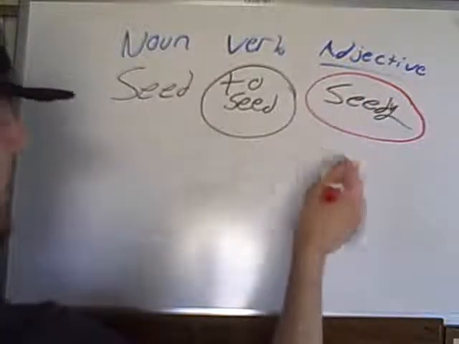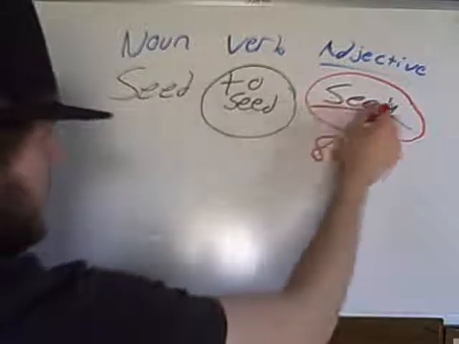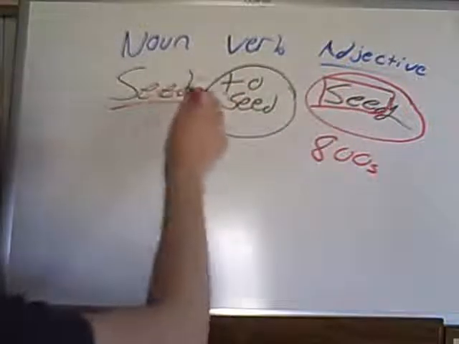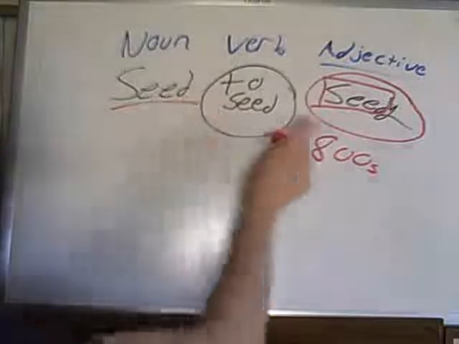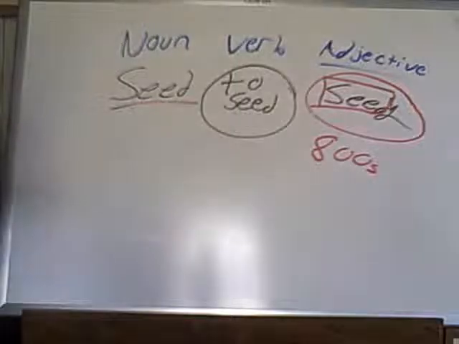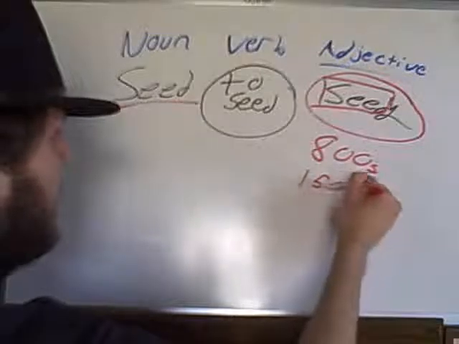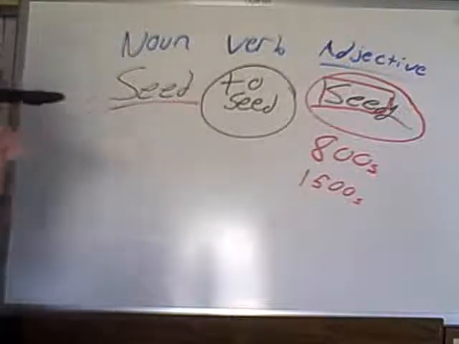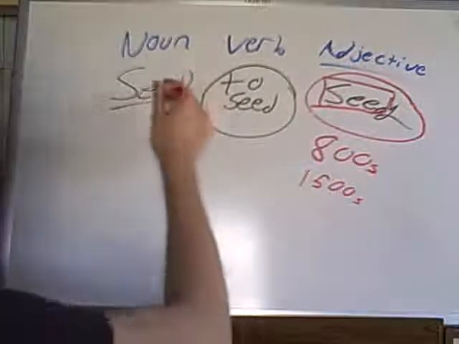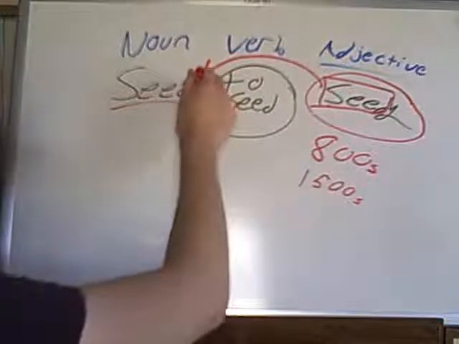Now, as early as the 800s, the word seed started to mean baby plants. That's when seed started to mean plant. And it was sometime in the 1500s that seedy as an adjective meant pertaining to seeds.